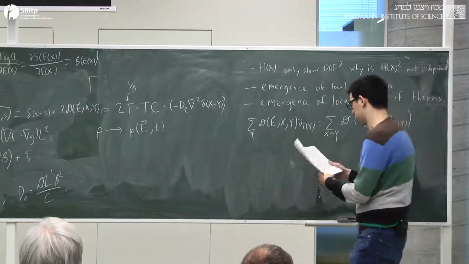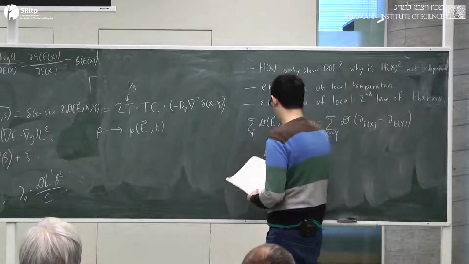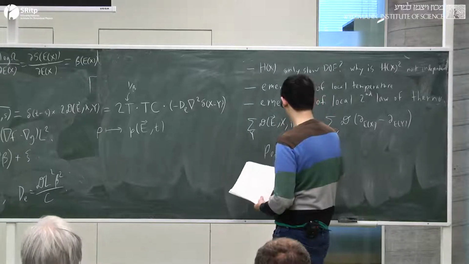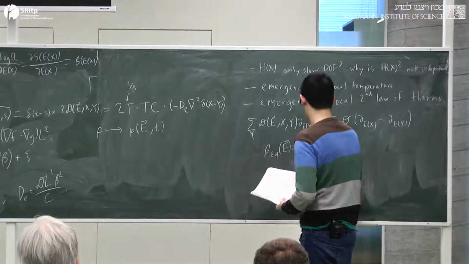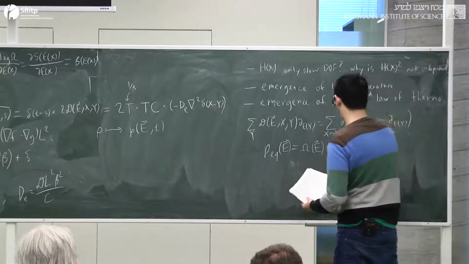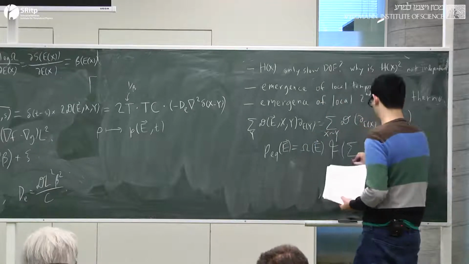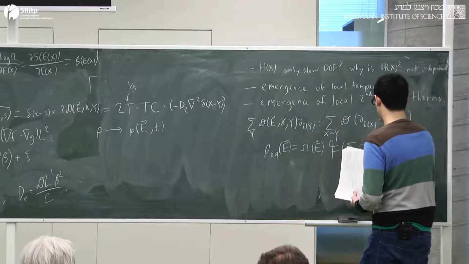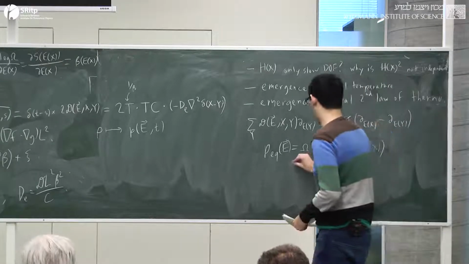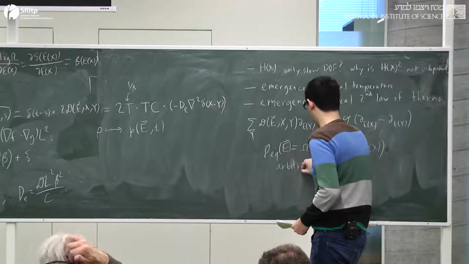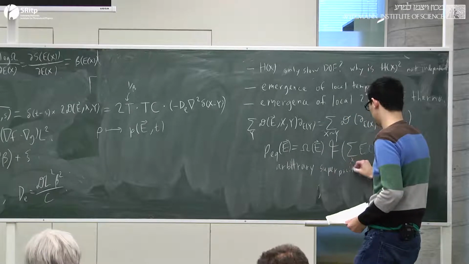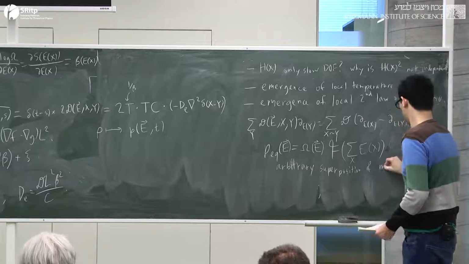And what this means is that the following class of solutions exist. So we have a factor of density of states, and then we can multiply by an arbitrary function of the total energy. Okay. Now you may recognize this equivalently as the statement that essentially arbitrary superpositions of microcanonical distributions solve the Fokker-Planck equation.